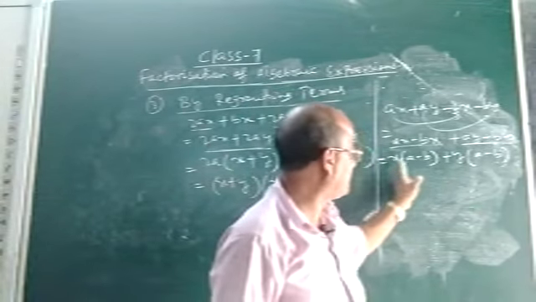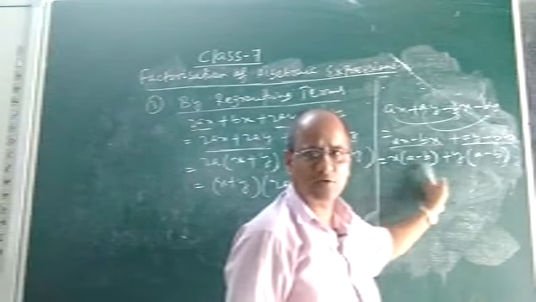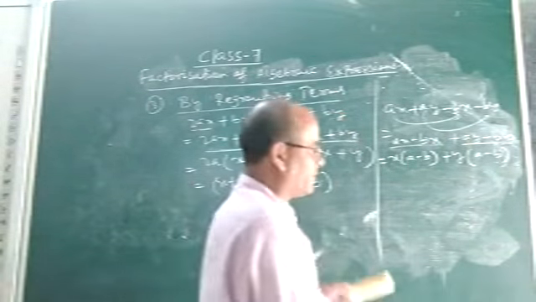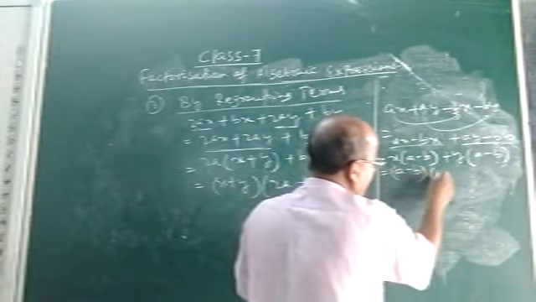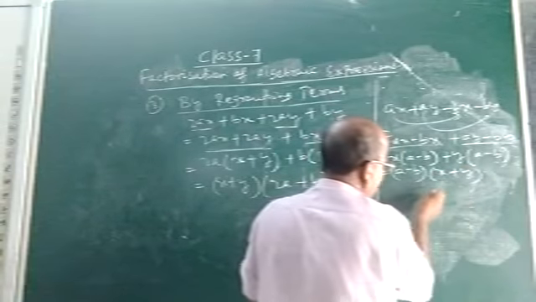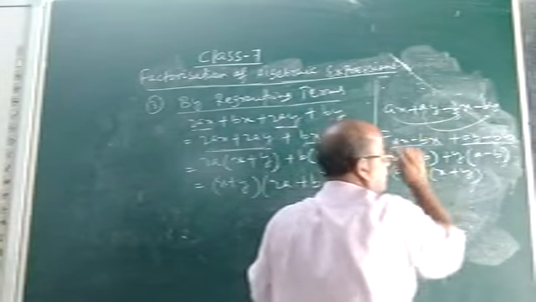So now a minus b is multiplied by x and a minus b is multiplied by y here. So we can take a minus b as the common factor. What will be left here? X, here it is y. So a minus b into x plus y will be the complete factorization of this quadrinomial.